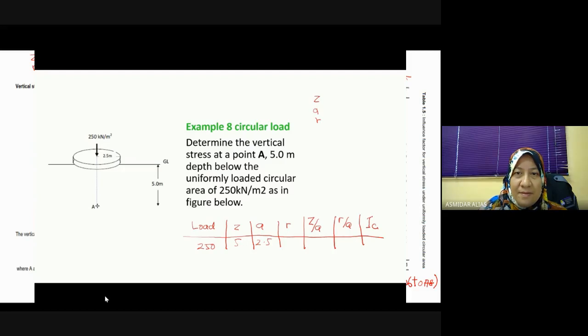So it is exactly beneath the center, that is 0. So Z over A, 5 over 2.5, that will be 2. R over A, R is 0, A is 2.5, that will be 0. So you have Z over A 2, R over A 0.